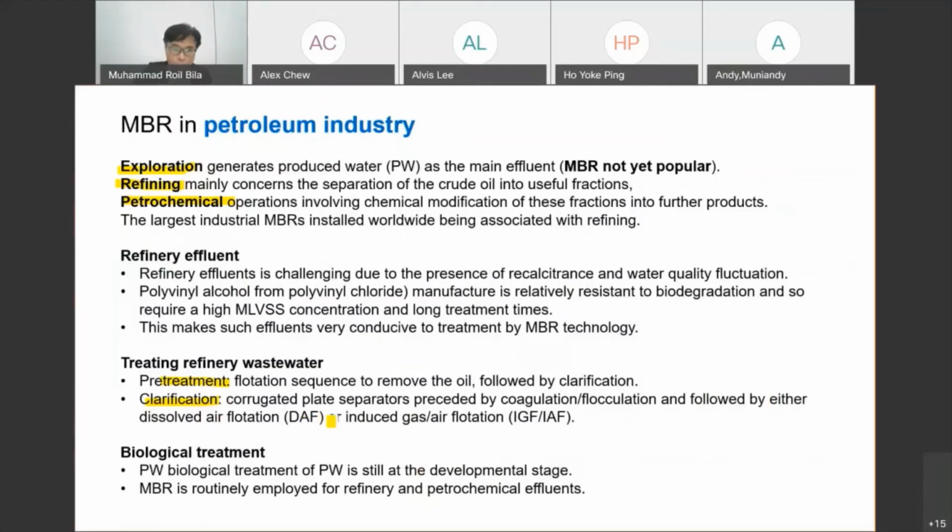One of the famous ones is again DAF, dissolved air flotation. We can also have induced gas flotation, coagulation and flocculation. The easy way to think about what pre-treatment I need is: what pre-treatment would I need if I ran a normal biological process? If that pre-treatment is enough for the normal biological process, it will be enough for the MBR.